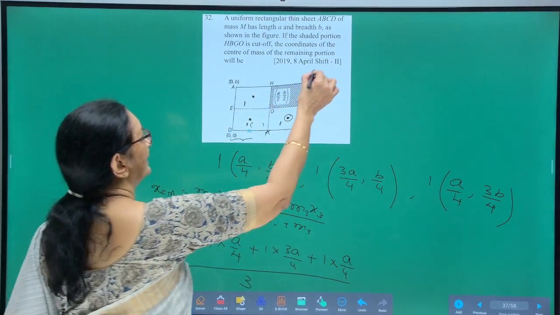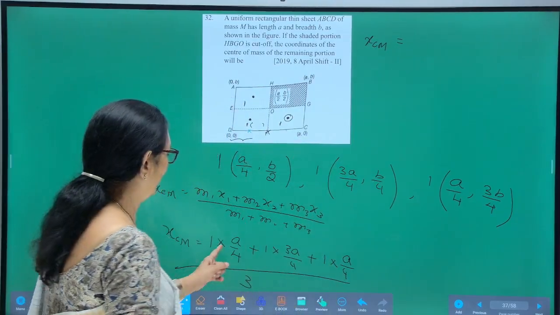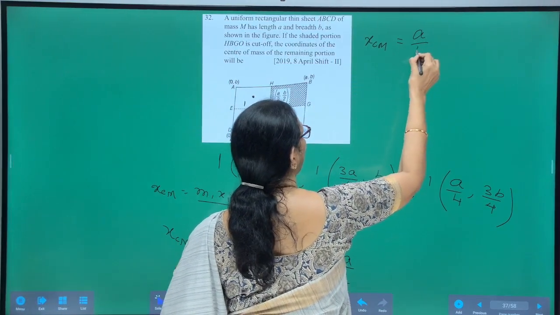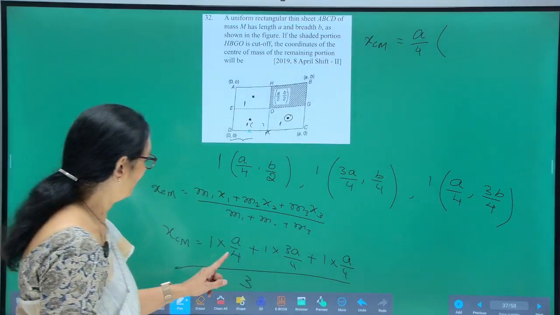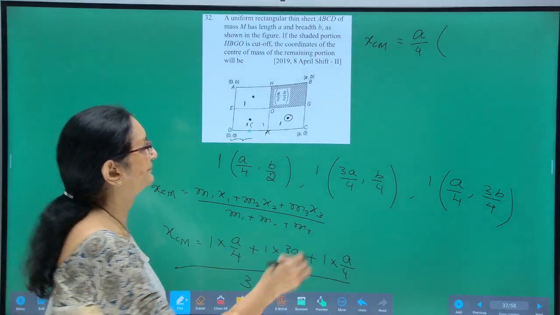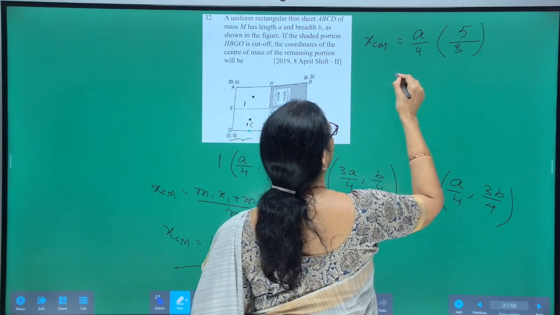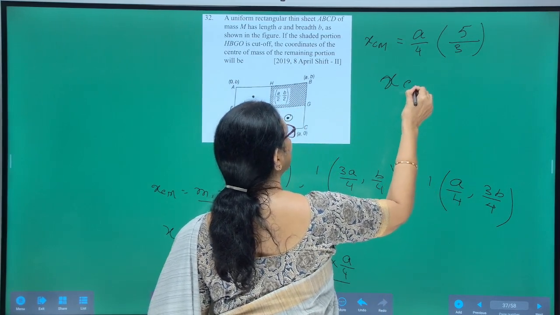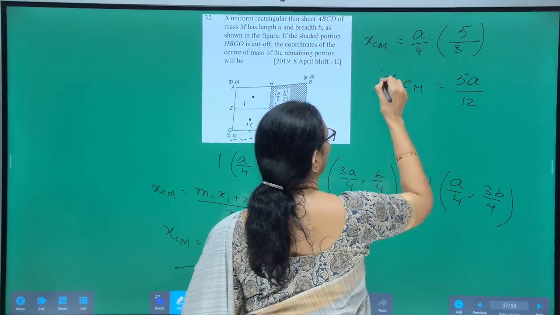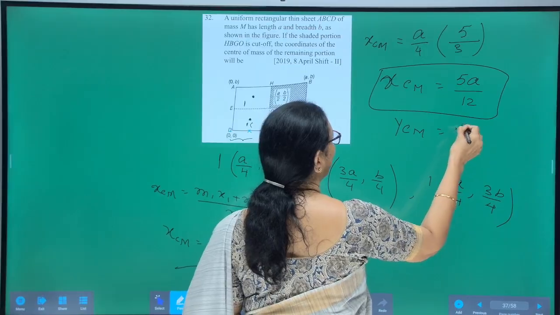X coordinate of center of mass, xcm, is equal to, you can take that a by 4 as a common factor, a by 4 into 1 plus 3, 4 plus 1, 5. 5 divided by 3. So, xcm is equal to 5a by 12.